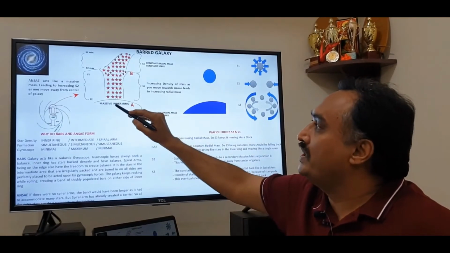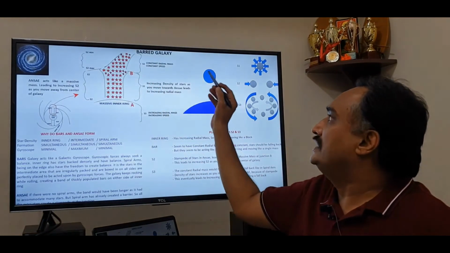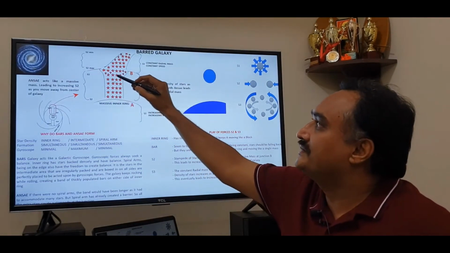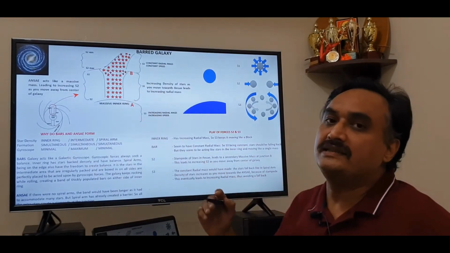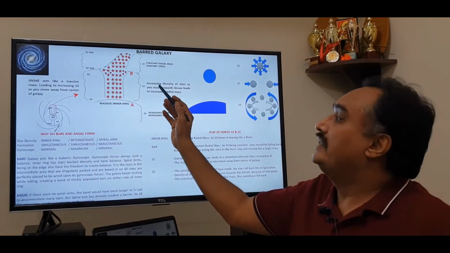So when you are moving from here to here, as you approach the Ansae, the density of stars is increasing. Since the density of stars is increasing, the cumulative mass of these stars in that particular circumference is also increasing. That would lead to an increasing S3.